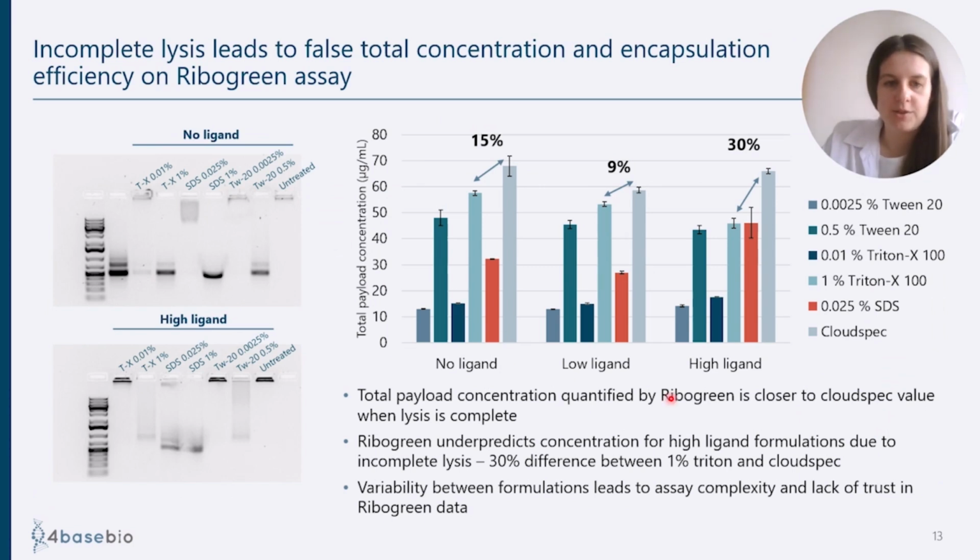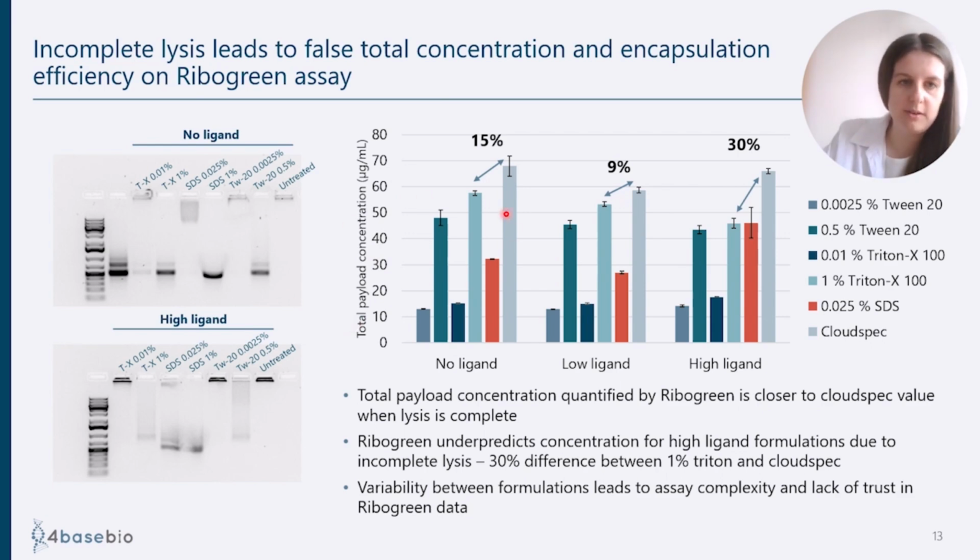So just to show what that looks like for these exact same formulations in terms of the RiboGreen assay, you can see for those formulations that didn't lyse at all, so the low surfactant concentrations in here, you basically don't measure any payload concentration because you haven't released the payload at all.